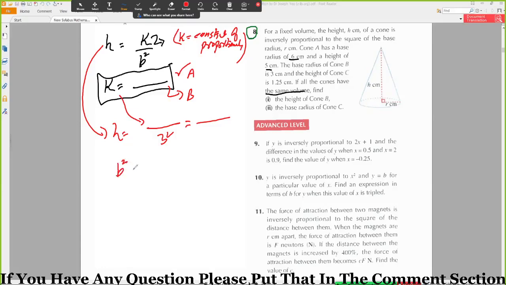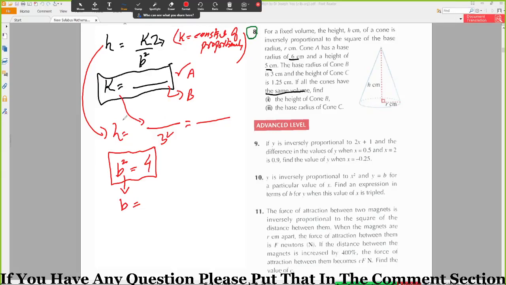I solve this question and I get R squared equal to 4. So how will you find R from R squared? You have to do H equals K over R squared, and then substitute R squared with 4.